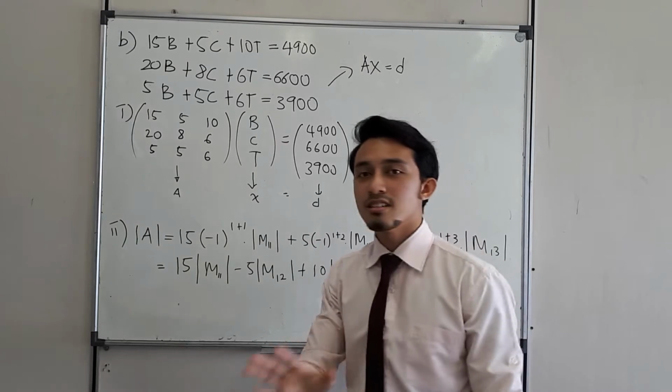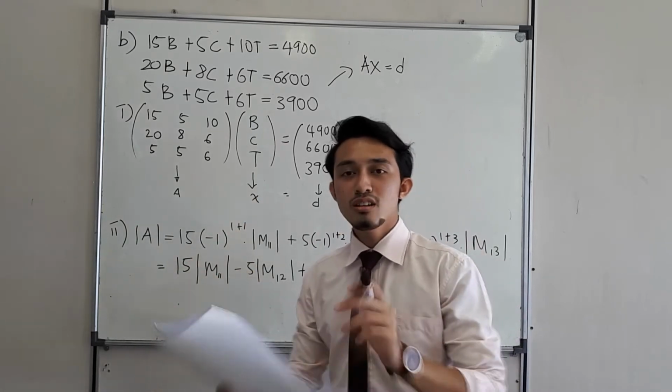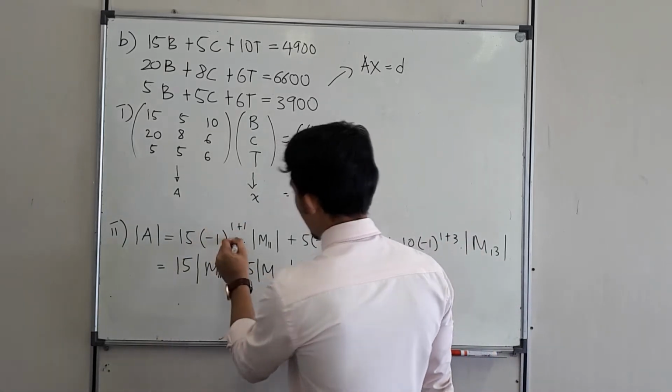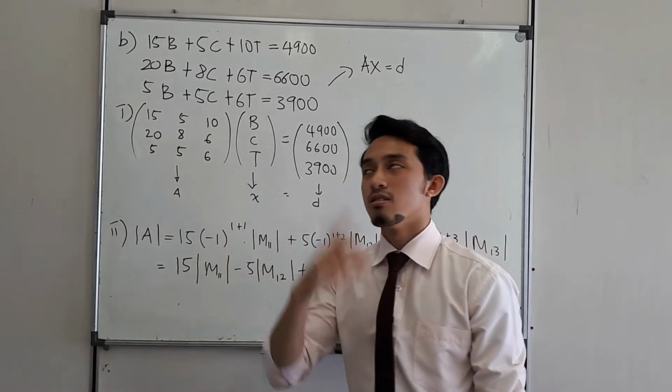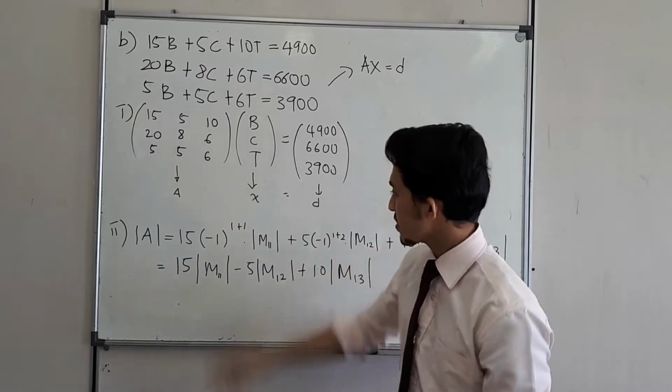Okay. 2 Roman, find A determinant. In a 3 by 3 matrix, to find the A determinant, we need to use the formula which is -1 to the power of row plus column.